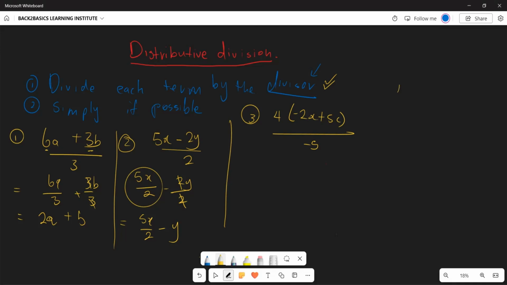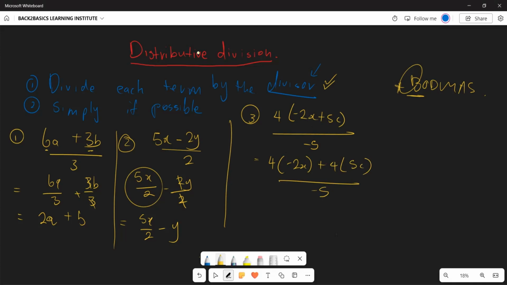So what you need to do firstly here is apply the law of BODMAS, which means you're going to multiply the bracket first. So this is going to be the same as 4 into, and then when you say 4 multiplied by this one, let's distribute: 4 times negative 2x, then plus 4 into 5c over negative 5.